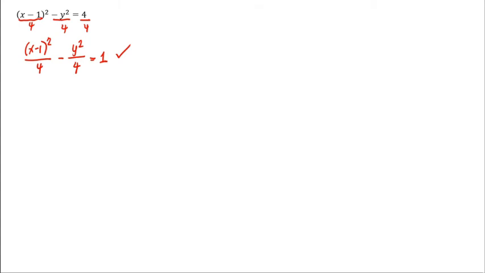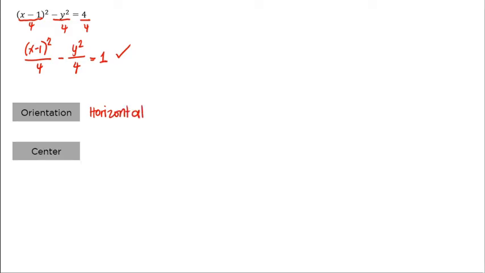And from this, since the positive part is the x, we can now say the orientation is horizontal. Okay? And the center (h, k) is, so our h is this one, and that is 1, since it is minus 1 here, it becomes positive 1. And your k is 0. So the center has the coordinates (1, 0).